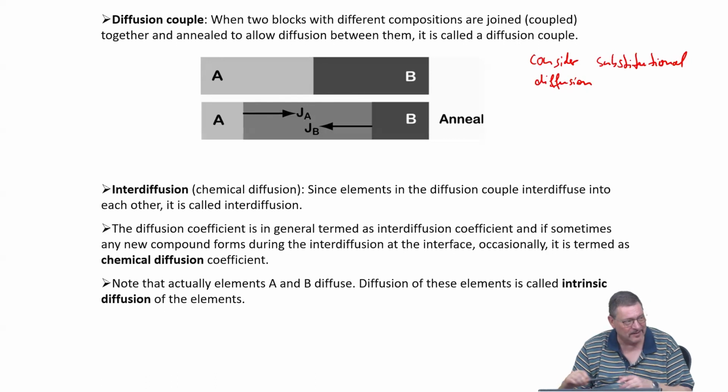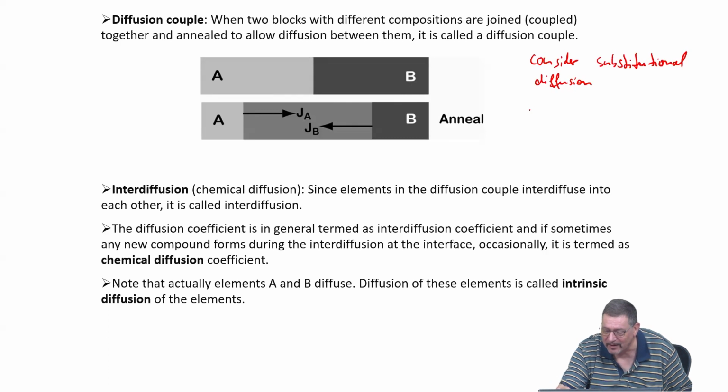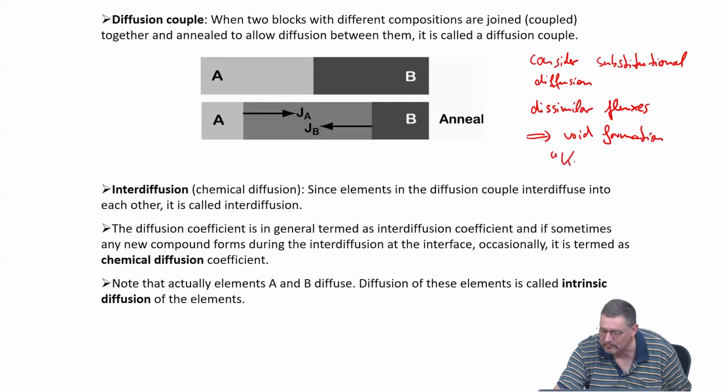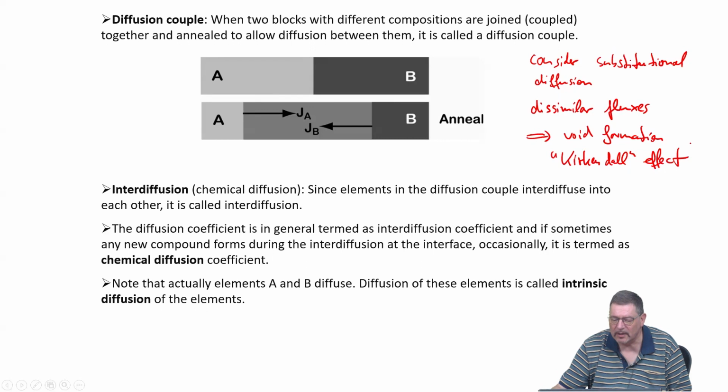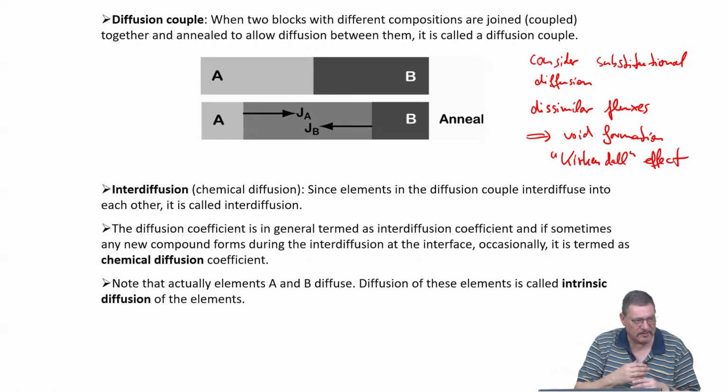Kirkendall effect, yes. So it means when you have dissimilar fluxes, you have void formation. And that's, again, something which is important for applications because you often have dissimilar joining in applications.